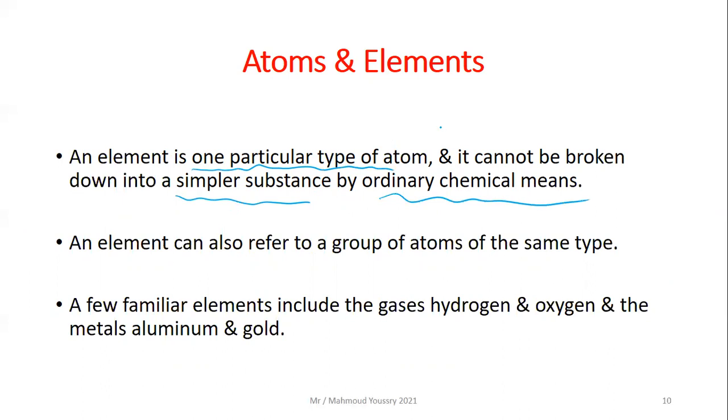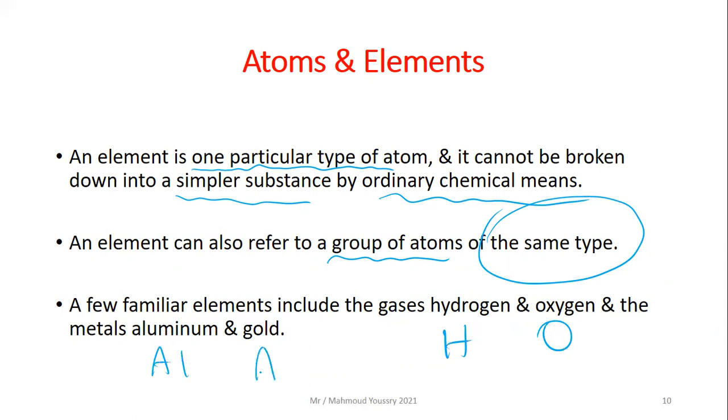An element can also refer to a group of atoms of the same type. A few familiar elements include gases such as hydrogen and oxygen, and metals like aluminum and gold.